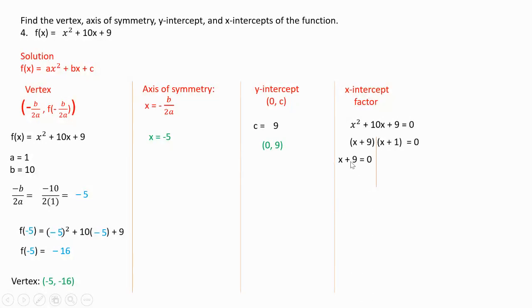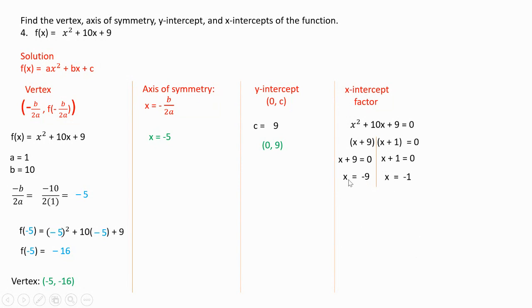Now you use the zero product property, which means that if a times b equals 0, then a must be 0 or b must be 0. So in this case, x plus 9 must be 0 or x plus 1 must be 0. So x equals negative 9 and x equals negative 1. When you plug this in, say that you're doing MyMathLab, it depends on what they want.